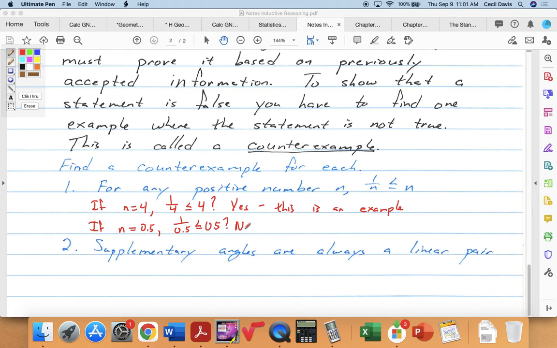No, because that's 2, which is greater than 0.5. So n equals 0.5 is a counterexample.